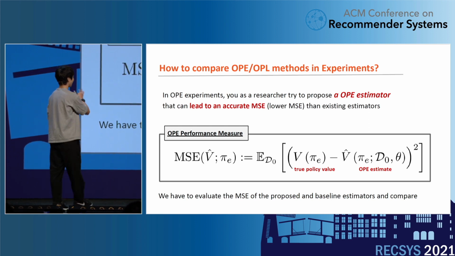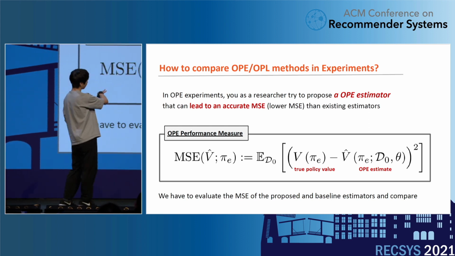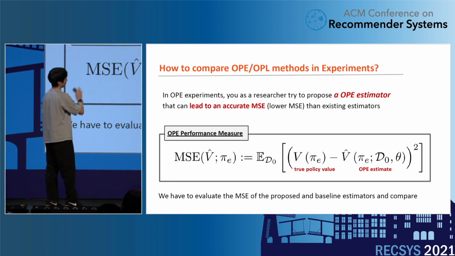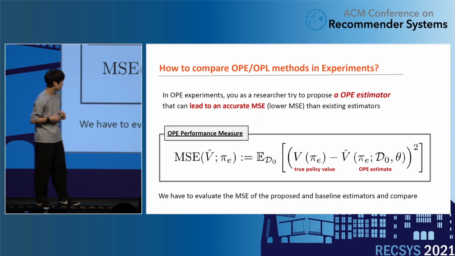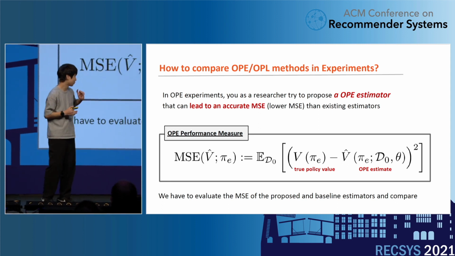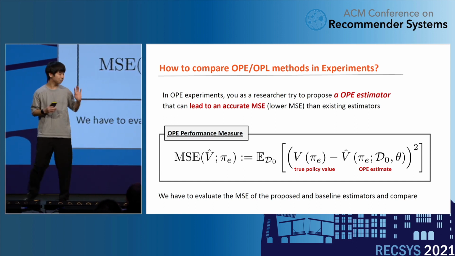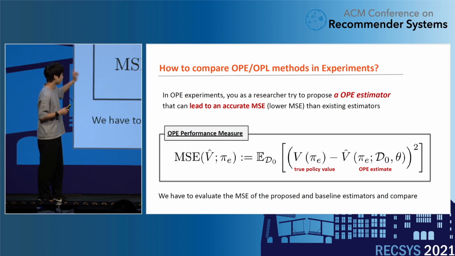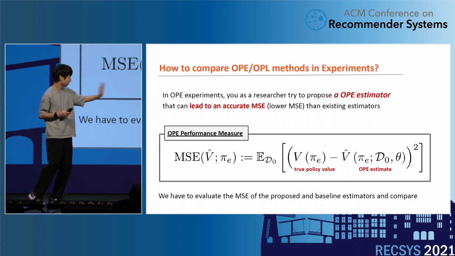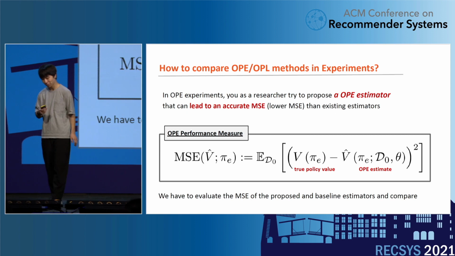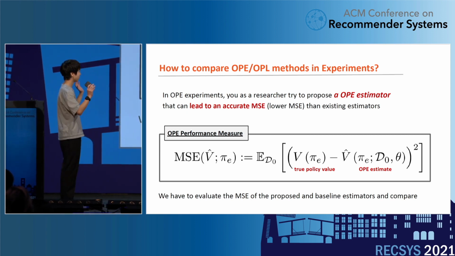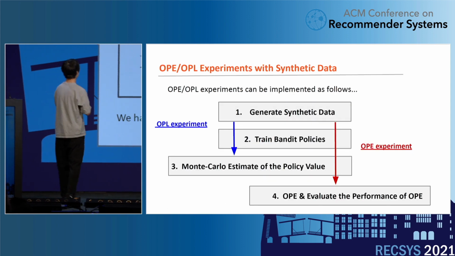This is defined as the expected squared distance between the true policy value and the off-policy estimate, the estimation result of policy evaluation. And we can know the true policy value because we are now using synthetic data, right? So you have to evaluate this MSE of the proposed estimator and some baseline estimators, including IPS or doubly robust or maybe the shrinkage estimator, and then you have to compare, and that's it for the policy evaluation experiment.